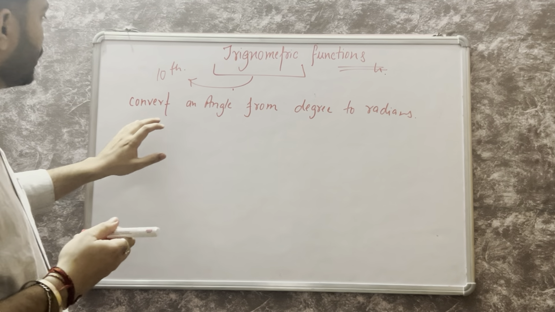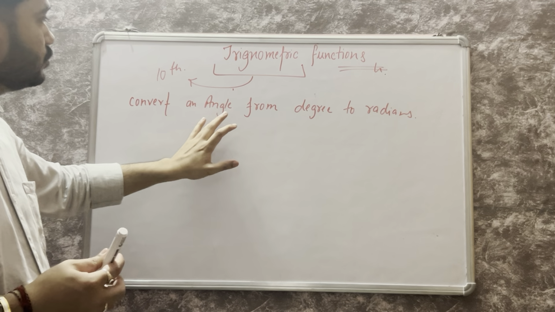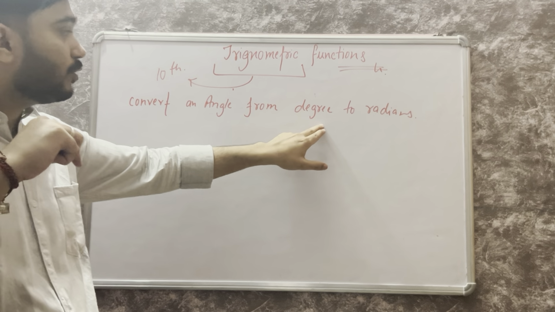Now we are going to study how to convert an angle whose measure is in degree, and we are going to convert it into radians.